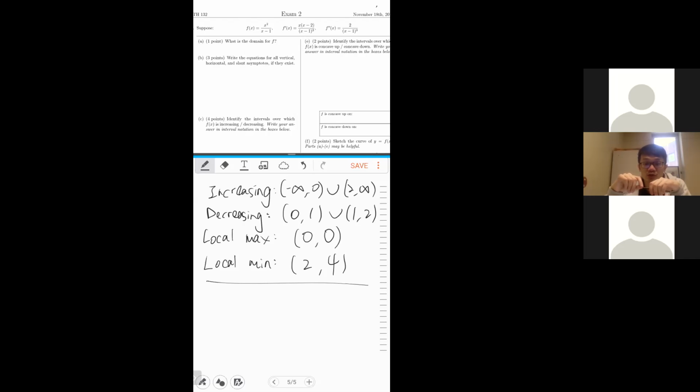What's the second method for checking that 0 is a local max and 2 is a local min?